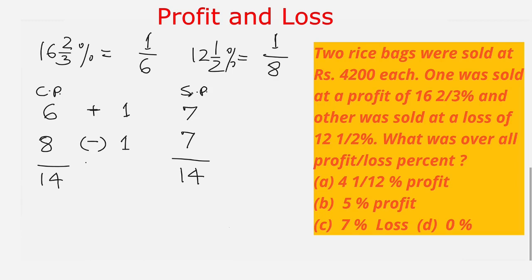And if we add both the SP, then 7 plus 7 equal to 14. Thus, the overall cost of the 2 bags or 2 items is 14 and it is sold at 14. It means that there is no profit and no loss. Thus, our answer is option D.